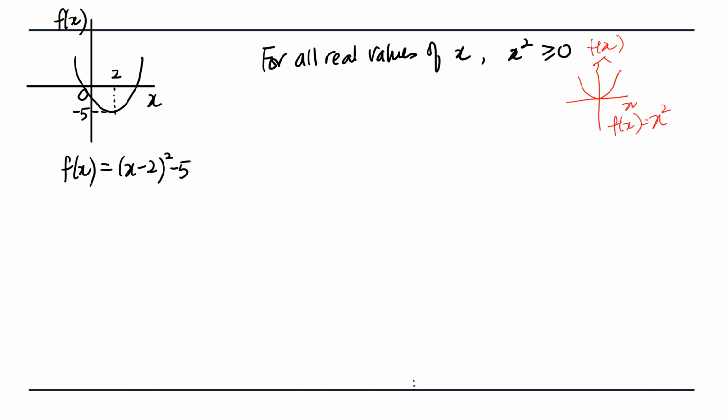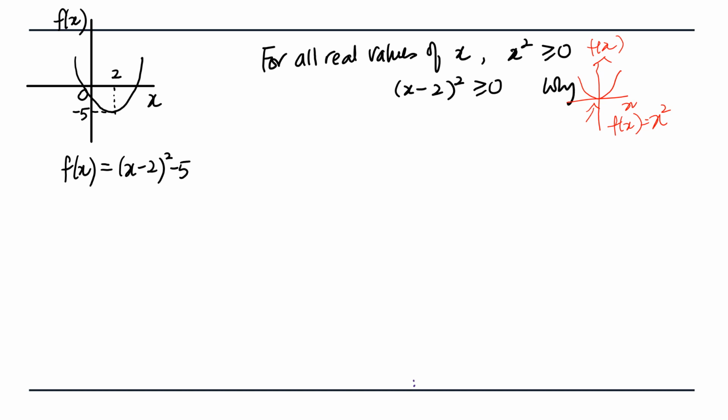You can observe that the minimum value will be 0. So for all real values of x, x squared is always greater than or equal to 0, then (x minus 2) squared will also be greater than or equal to 0.